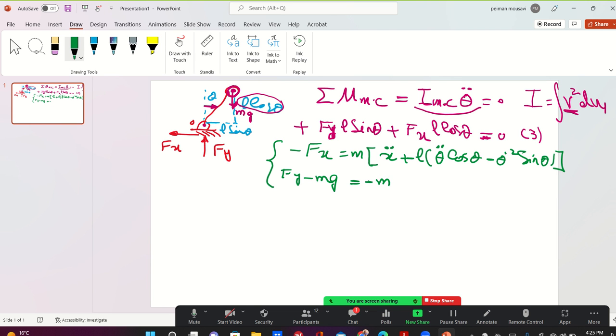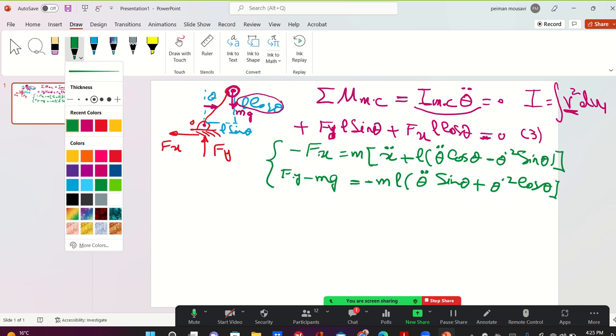Minus m L theta double dot sine theta. Here was plus, that's right? Cosine theta. Okay, good.